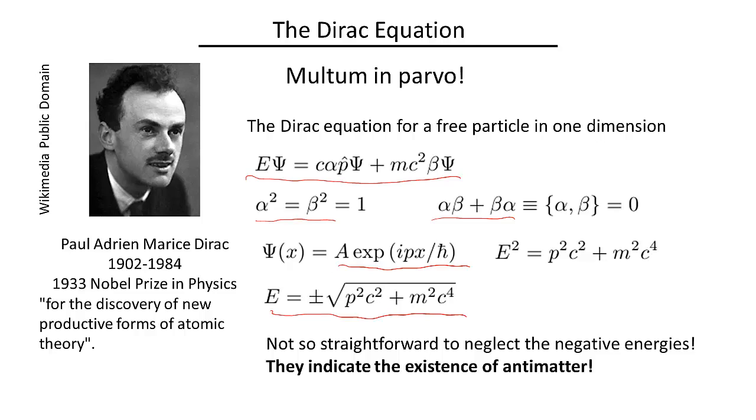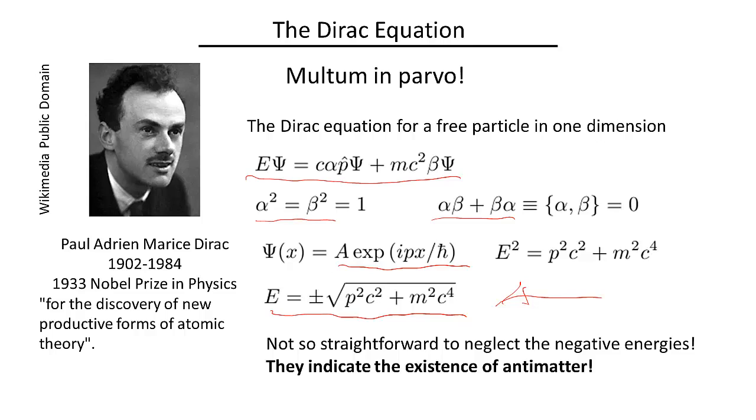Now, you never get negative energies in the solution for a free particle in non-relativistic mechanics, because that would require an imaginary momentum, and it would give rise to a non-normalizable wave function. But as you're going to find in the homework, if you have a solution of the Dirac equation that's of positive energy, then you can find from it another solution that has a negative energy, and it has the same desirable characteristics of the positive energy solution.